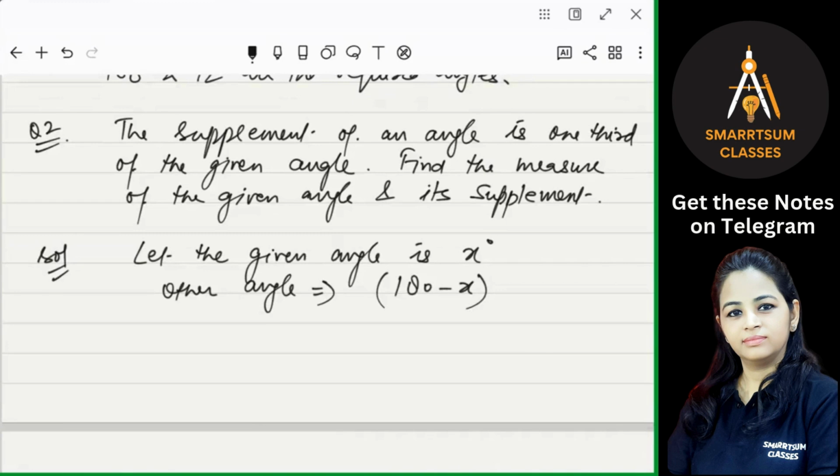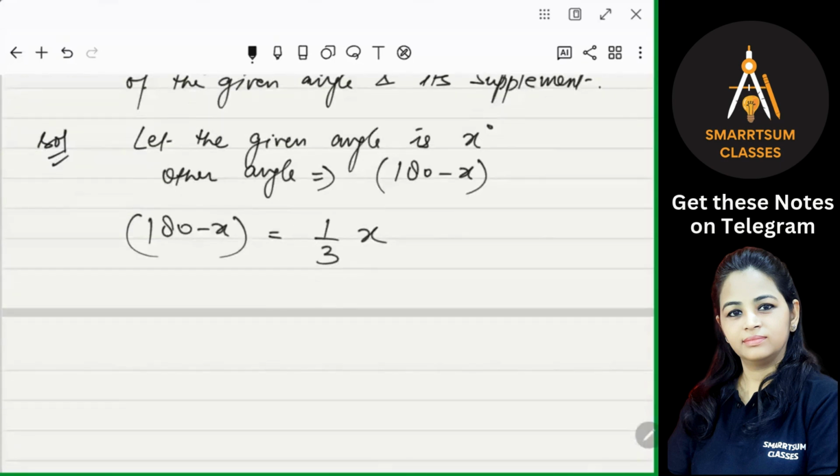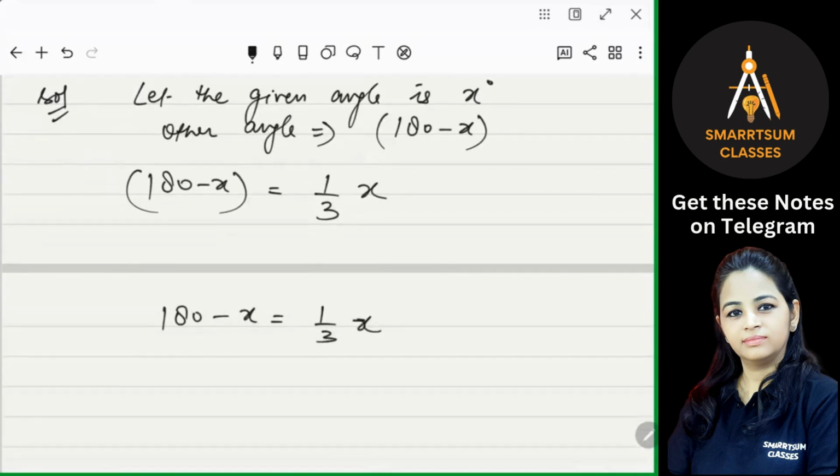And now it is given that this other angle, 180 minus x, is equal to 1/3 of the given angle, 1/3 of x, right? So this will be the equation. 180 degrees minus x is equal to 1/3 of x. Now we can solve it. You can multiply on this side, right?